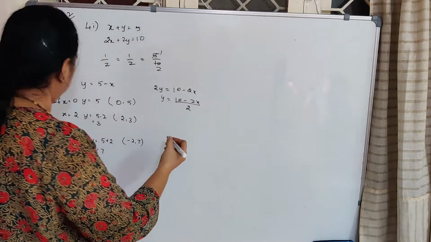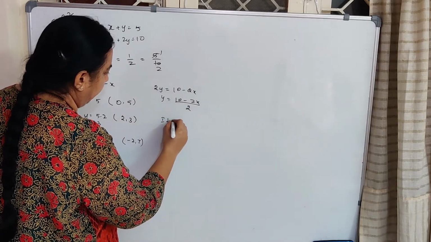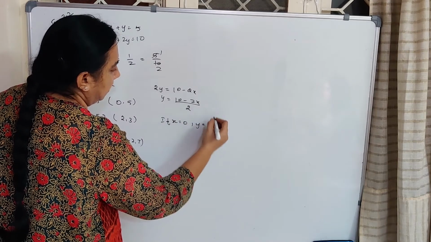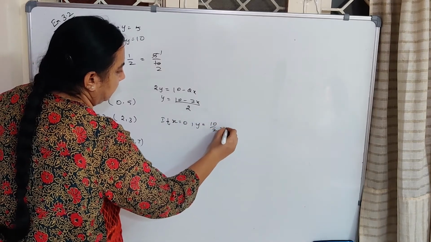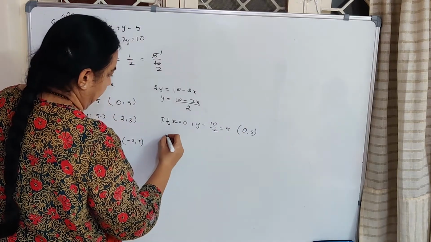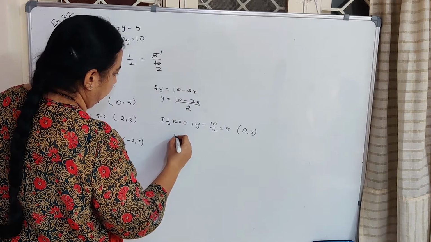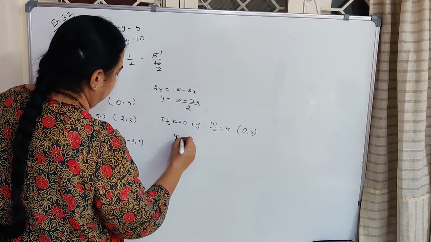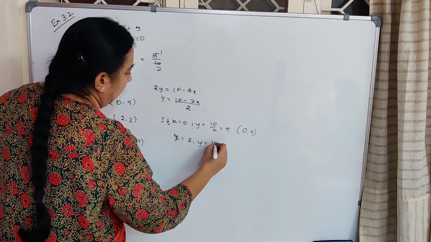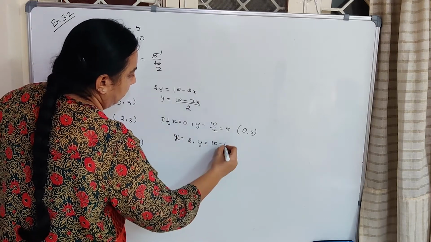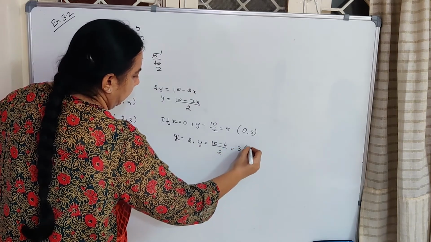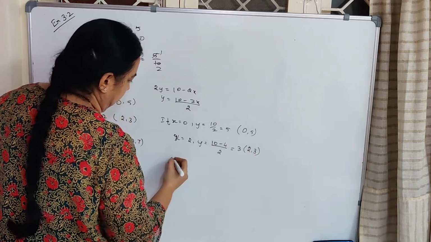So the same way here. If x is equal to 0, y's value will become 10 by 2, and that is 5. So the point is 0, 5. And if x is equal to 2, y's value becomes 10 minus 4 by 2, 6 by 2, so 3, so the point is 2, 3.